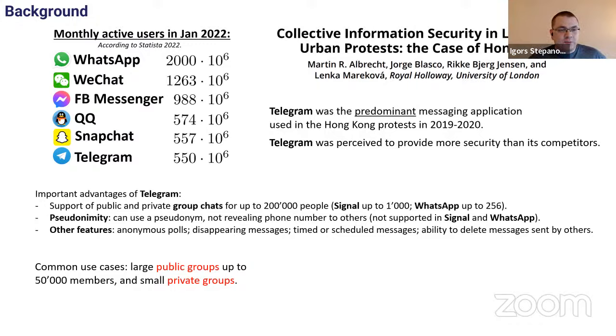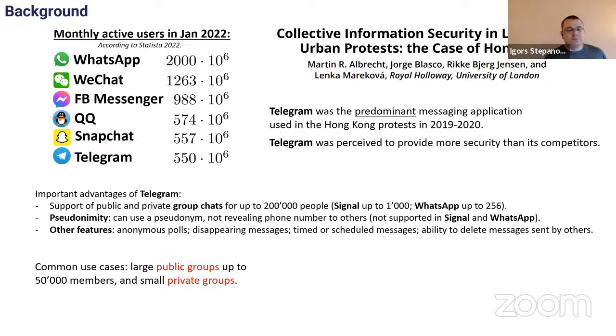Second advantage of Telegram is that it supports pseudonymity, meaning you can use a pseudonym rather than reveal your phone number to the people in your group. This is not supported by Signal and WhatsApp. And there are a number of other features that are valuable to the protesters, such as anonymous calls, disappearing messages, timed or scheduled messages, and the ability to delete messages sent by other people.